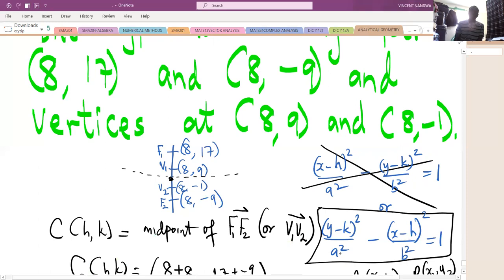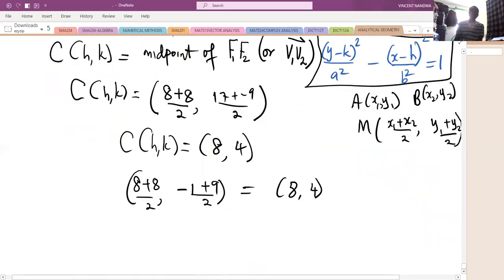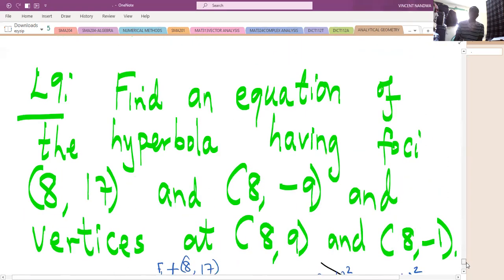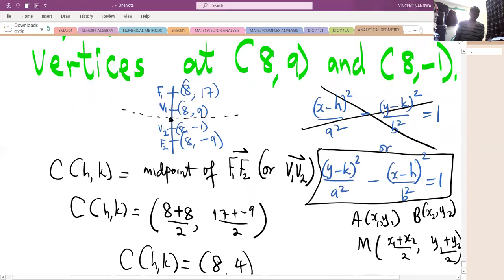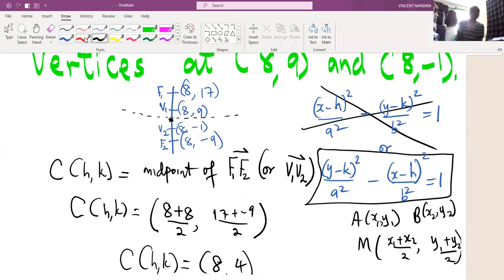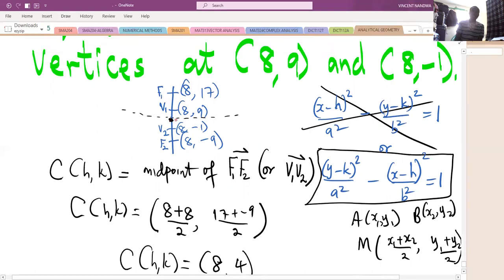Another thing is to find the values of a and b. From the sketch I've drawn, we look at the distance from the center. The center we have found to be (8, 4). c is the distance from the center to the foci.